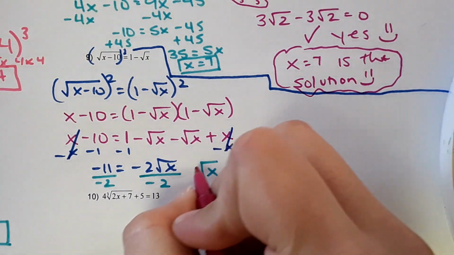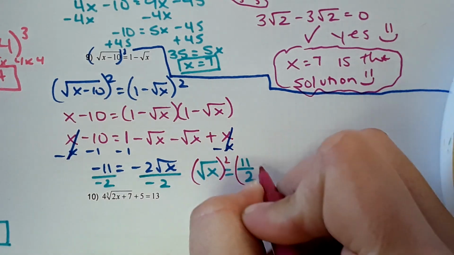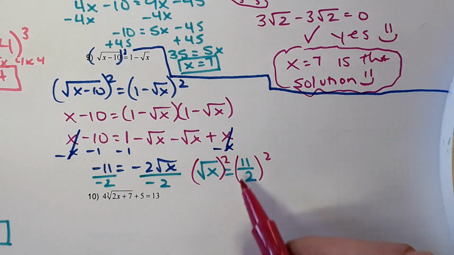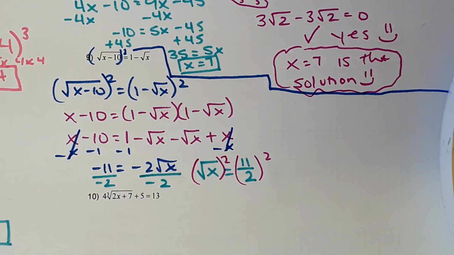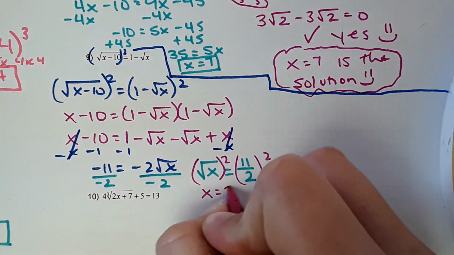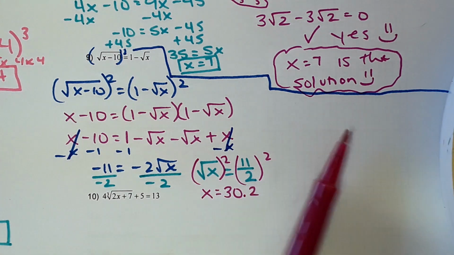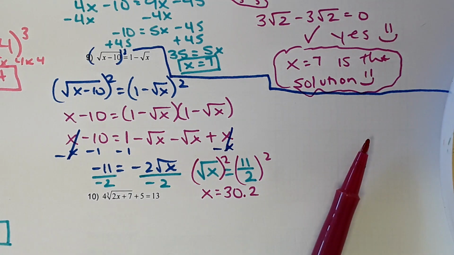Then I need to square both sides. 11 halves would be 5.5. 5.5 squared equals, yeah, x equals 30.25. That's what you said, right? 25? Oh, you got 25? Where did I get 30? 5.5.